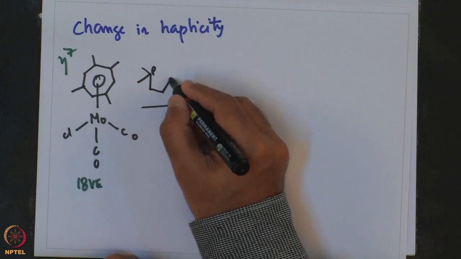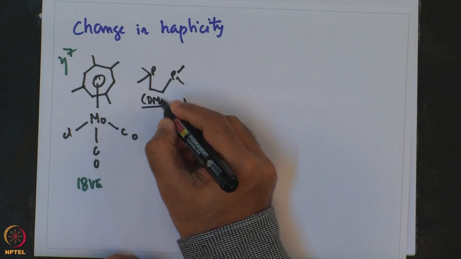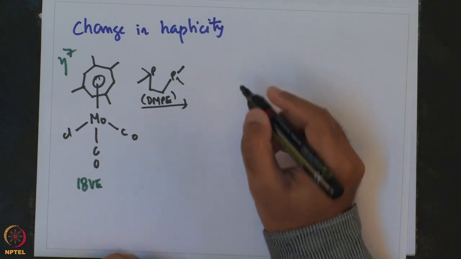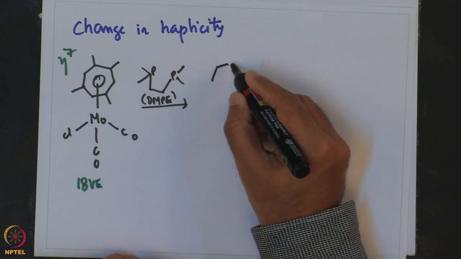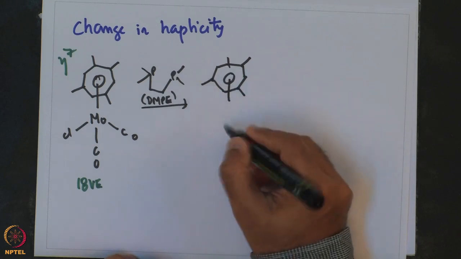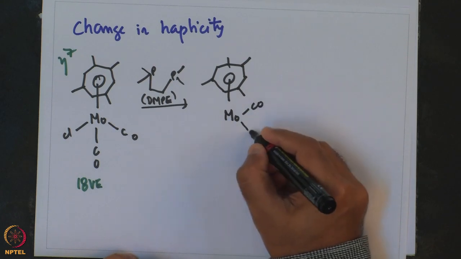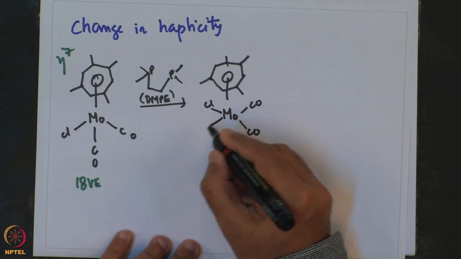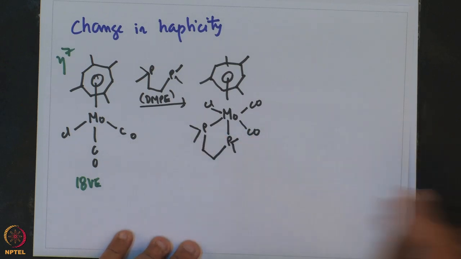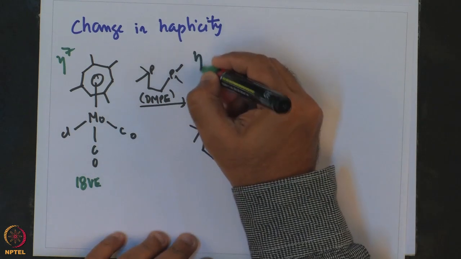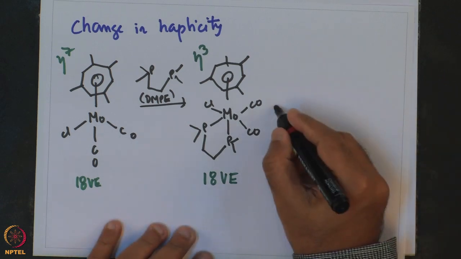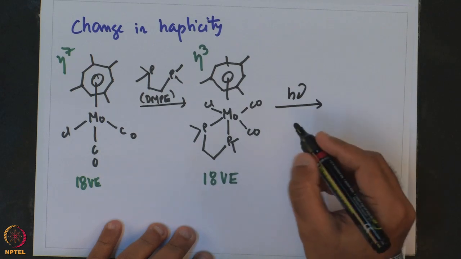dimethyl phosphinoethane or DMPE gives this DMPE coordinated compound, which also is an eta 3 bound 18 valence electron species, which eliminates carbon monoxide.